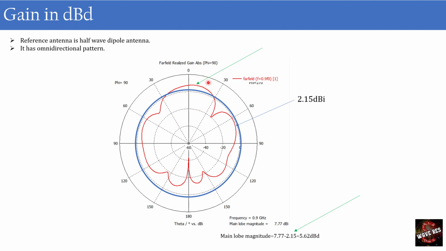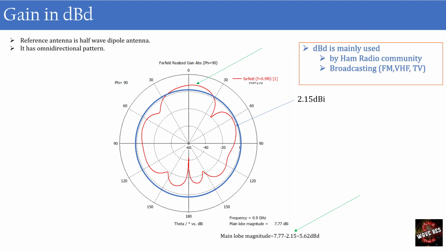So if you want to calculate the gain in dBd, what you have to do is take the gain minus the gain of the dipole antenna, and that will give you the gain in dBd. We have seen how dBd is calculated.